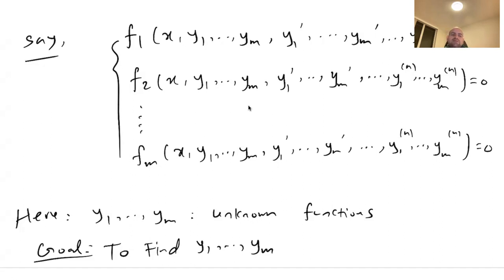Or for example, first unknown function divided by X plus second unknown function equals e to the x. Could be anything. So because it could be anything, I wrote the general form as, let's say, F1 of these functions equals 0, or F2 of these functions equals 0, and so on.